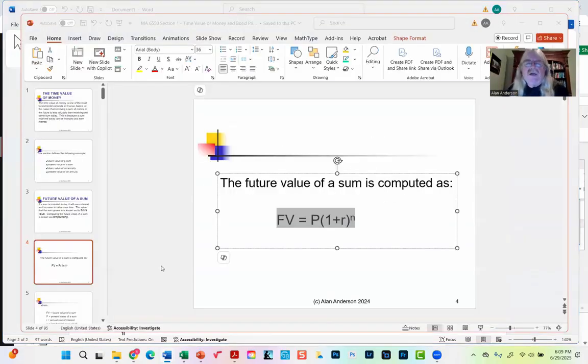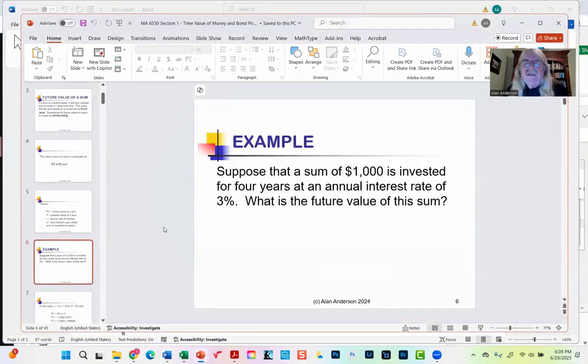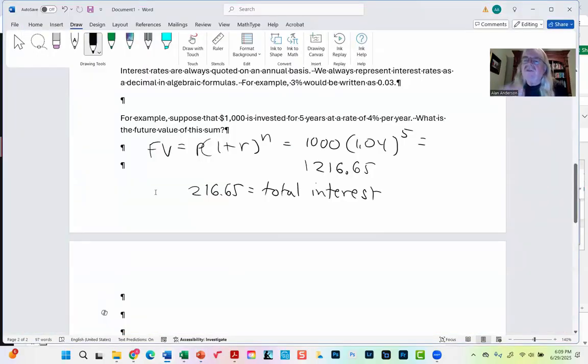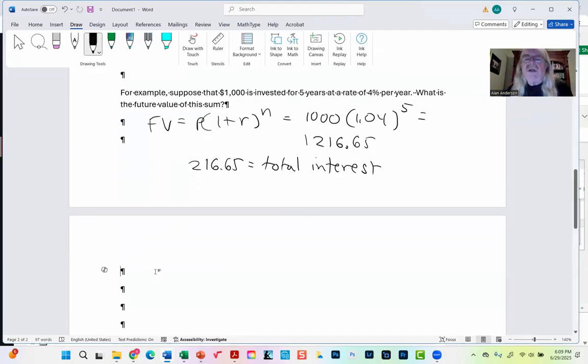Okay, so now it turns out, we might as well discuss this now because it's going to be important. There are two basic kinds of interest that I've just earned. It's true that I made 216.65, but we can break this down into two other types of interest.